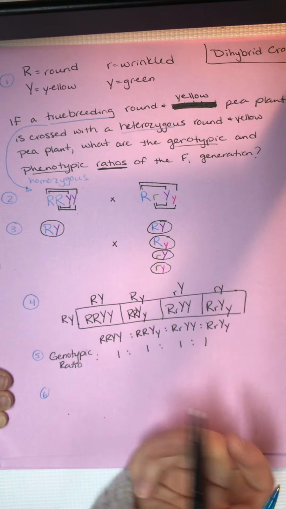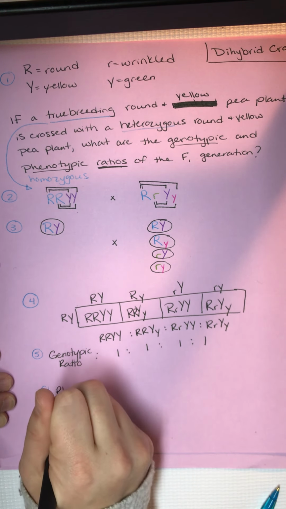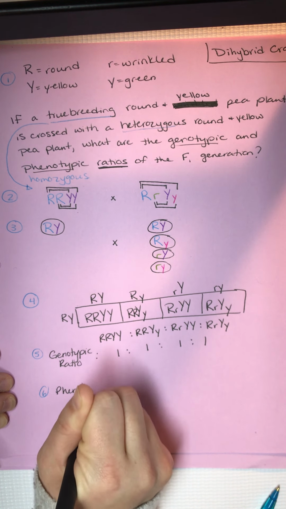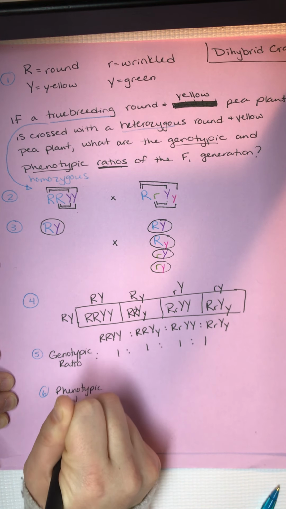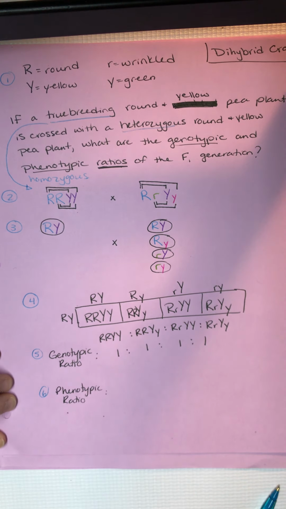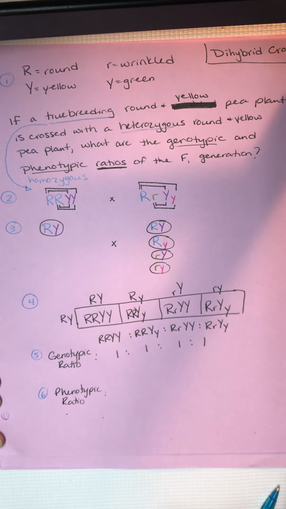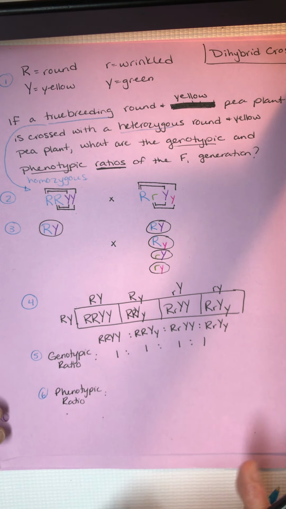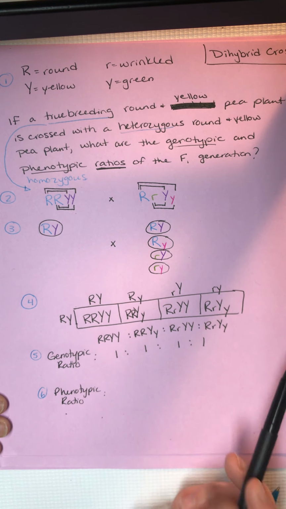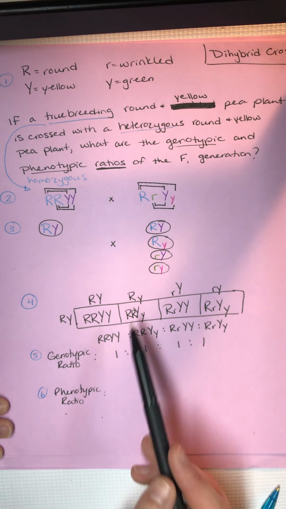Our last step here would be to give the phenotypic ratios. And I'm going to list all of the possible phenotypes of these plants, but you're going to see that not all of them are going to show up in this cross.